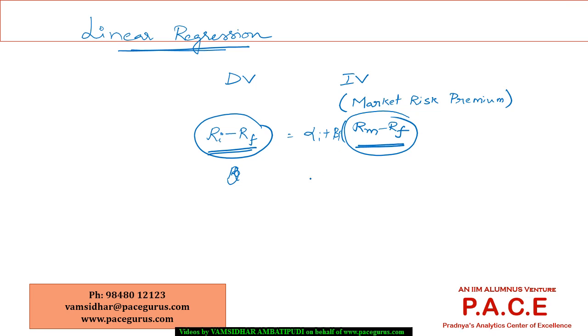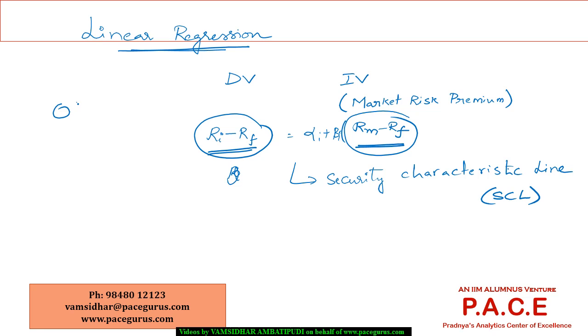This is what we call the security characteristic line, or typically the characteristic line, SCL. This mechanism in R is very easy, but theoretically the ordinary least squares method is used to determine the linear regression.